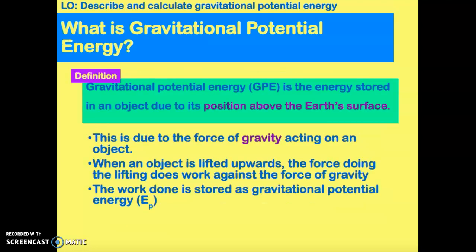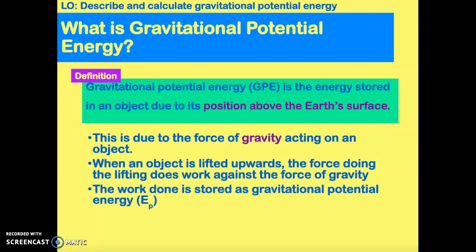Alright, so the first thing you're going to write down today is your definition. A green box means it's a definition, it's important, we need to learn it off. My definition for gravitational potential energy is the energy stored in an object due to its position above the Earth's surface.